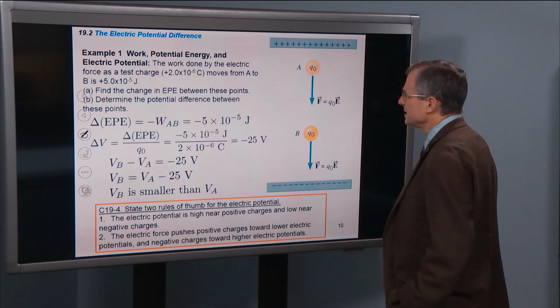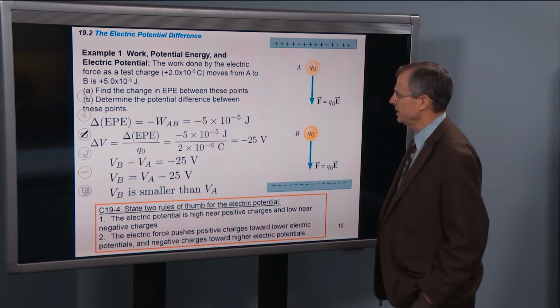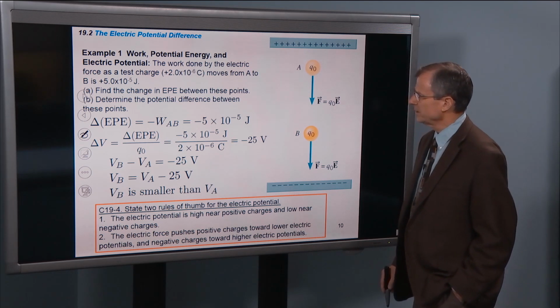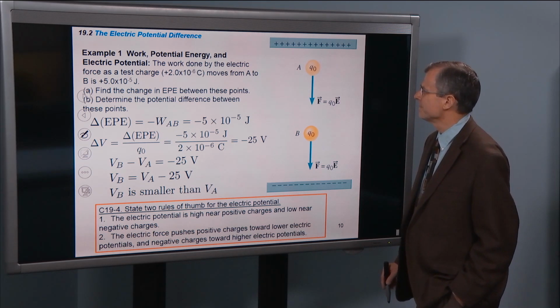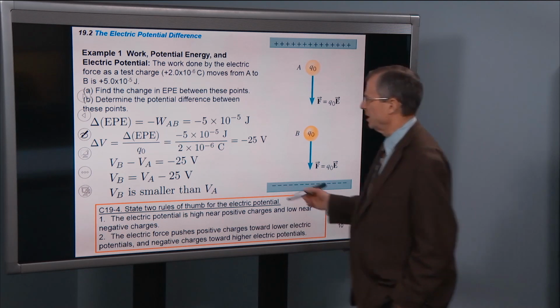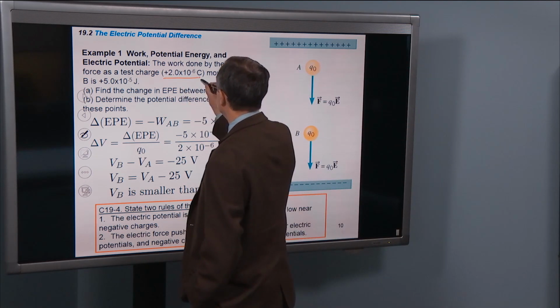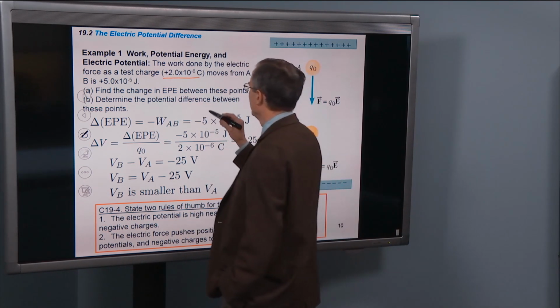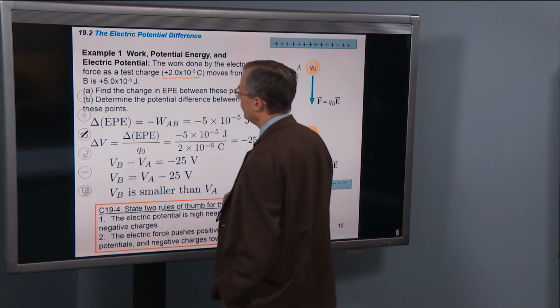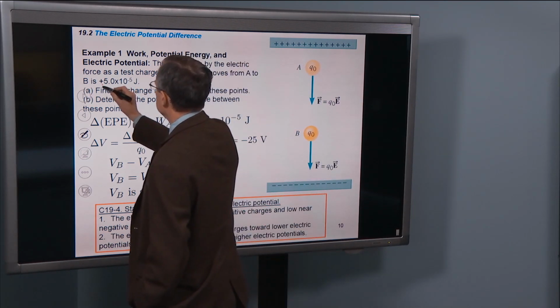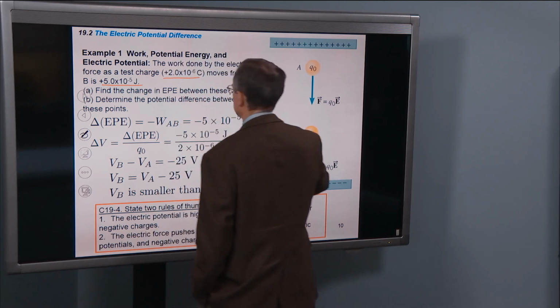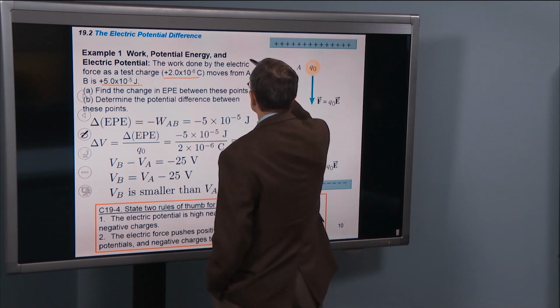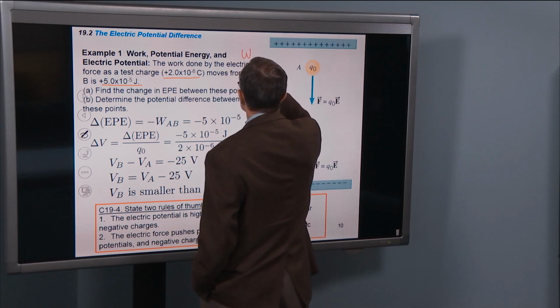Okay, an example, work, potential energy and the electric potential. The work done by the electric force as a test charge, that's the Q naught, moves from point A to point B, is this amount of work. So let's be clear about what that says.